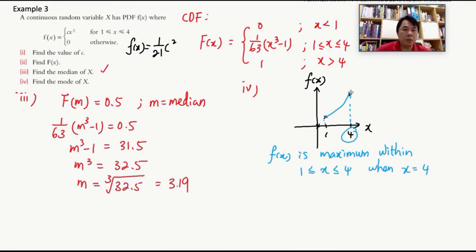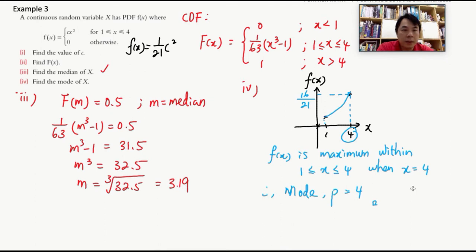So when x is equal to 4, yes, we have the largest value here. And this largest value is actually 16 over 21. Then we can say that therefore the mode is equal to 4 here. So the mode is found when the value of x is equal to 4.